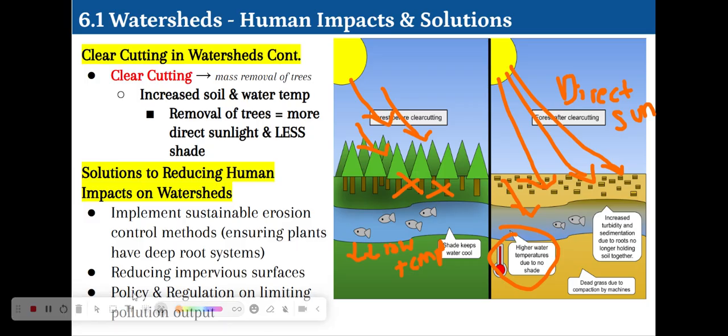So, what can we do to reduce human impacts on watersheds? Making sure we're implementing more sustainable erosion control methods, ensuring that we're keeping our plants there, that they have nice stable root systems. Poison ivy, which, you know, is poison to us, actually has incredible root systems that help keep the soil nice and stable.